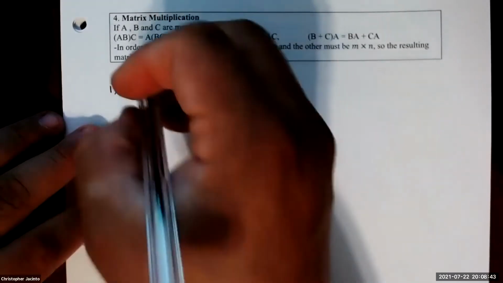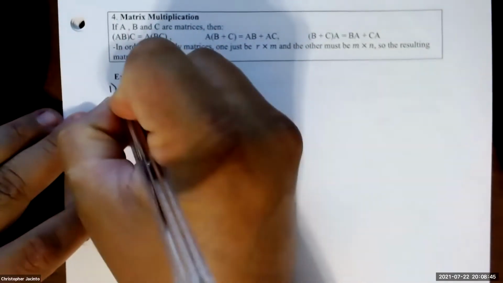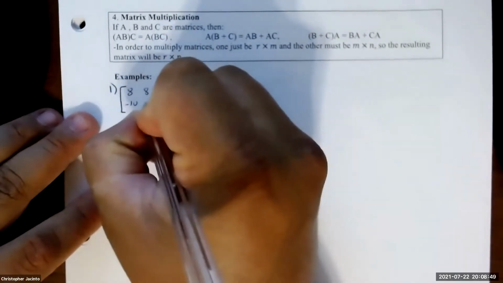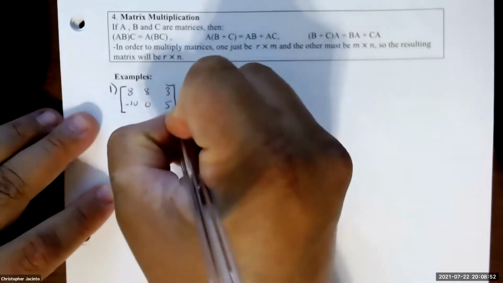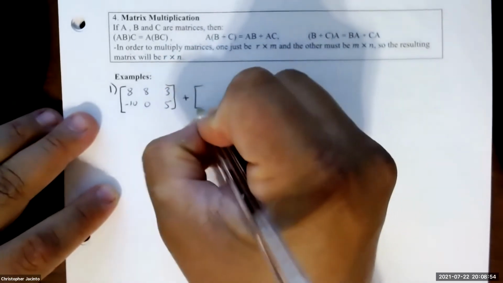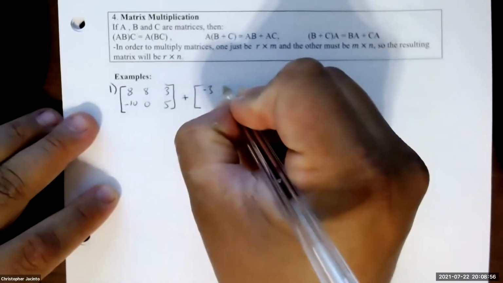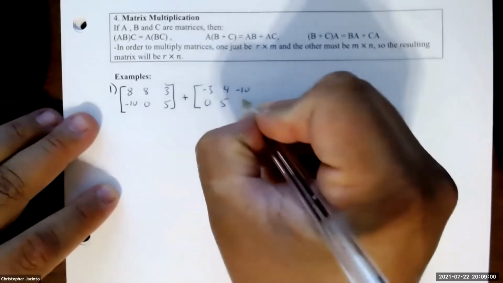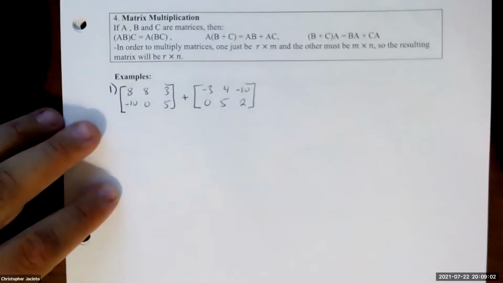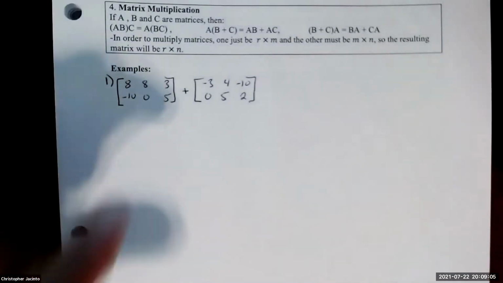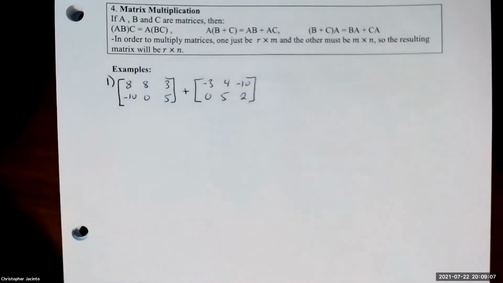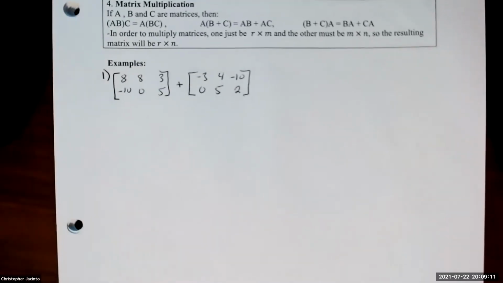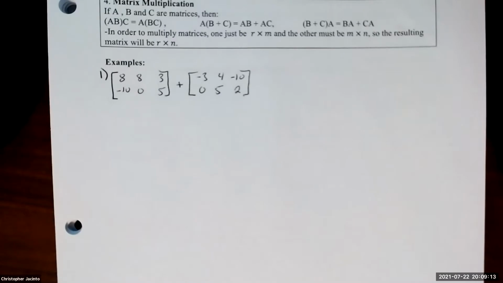Okay. So let's suppose we have this matrix here, and I want to add it to this one here. So let's suppose this is matrix A, matrix B. First off, one of the things I've got to figure out is, can I actually do it?